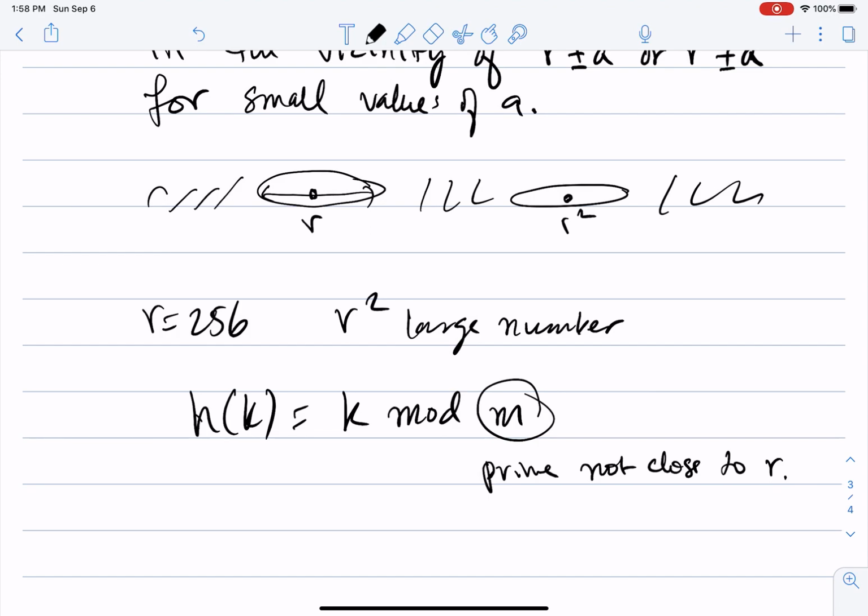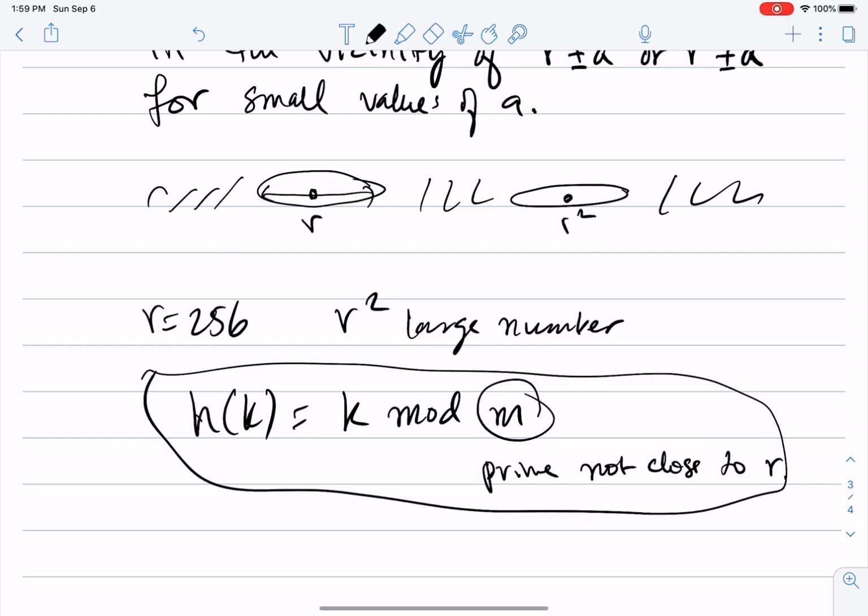But again, it should not be too large because that's the value of m, and we don't want to create a huge table. Once again, that defeats the purpose of using a hash table, and it might not be practical. So this is all there is about the division method.